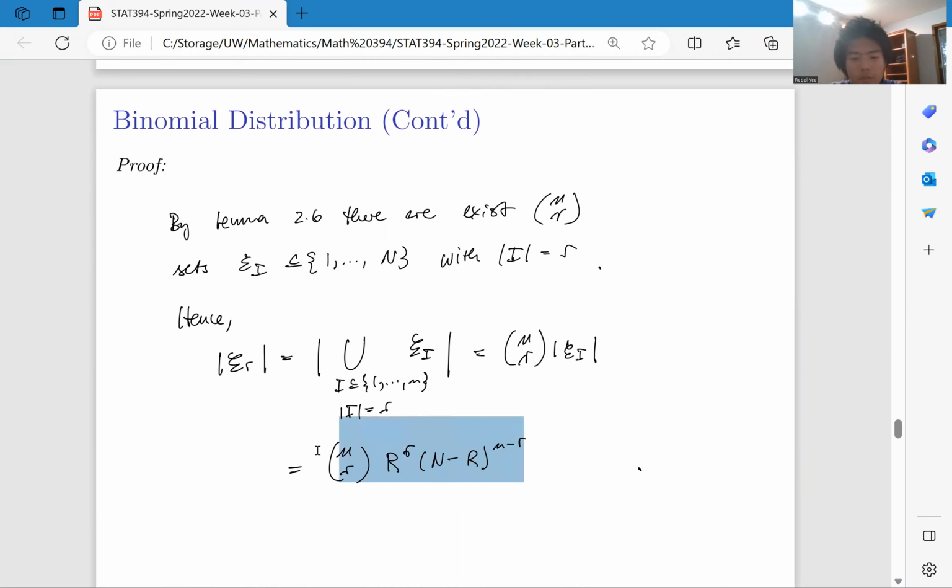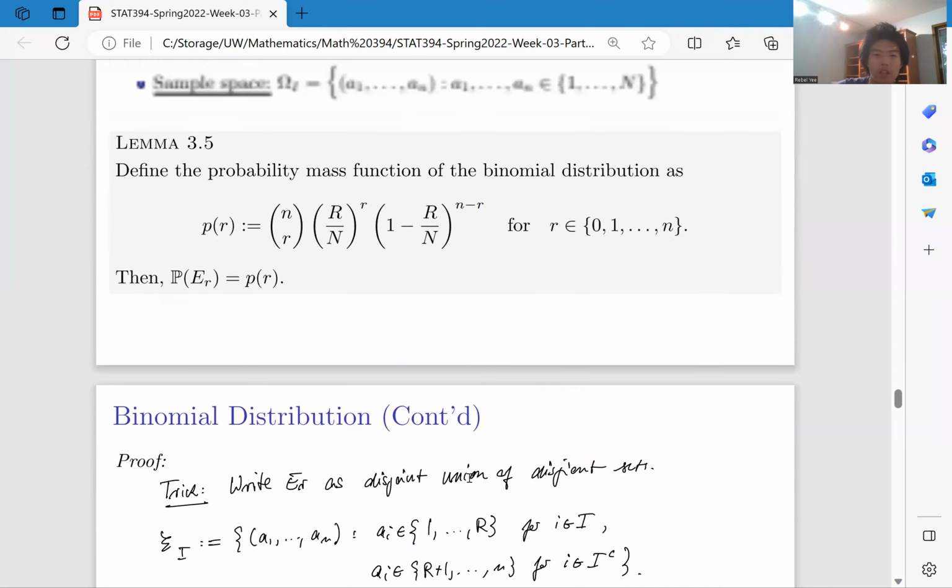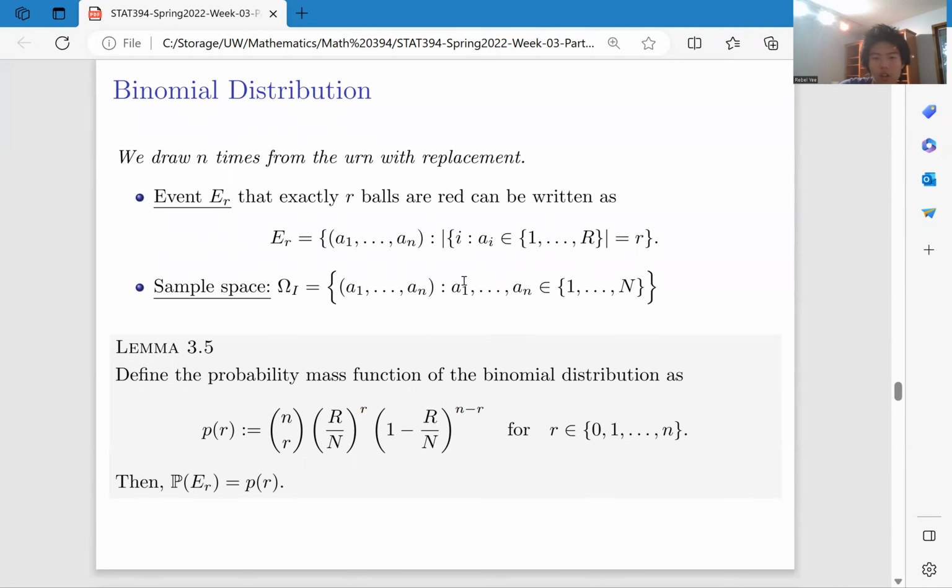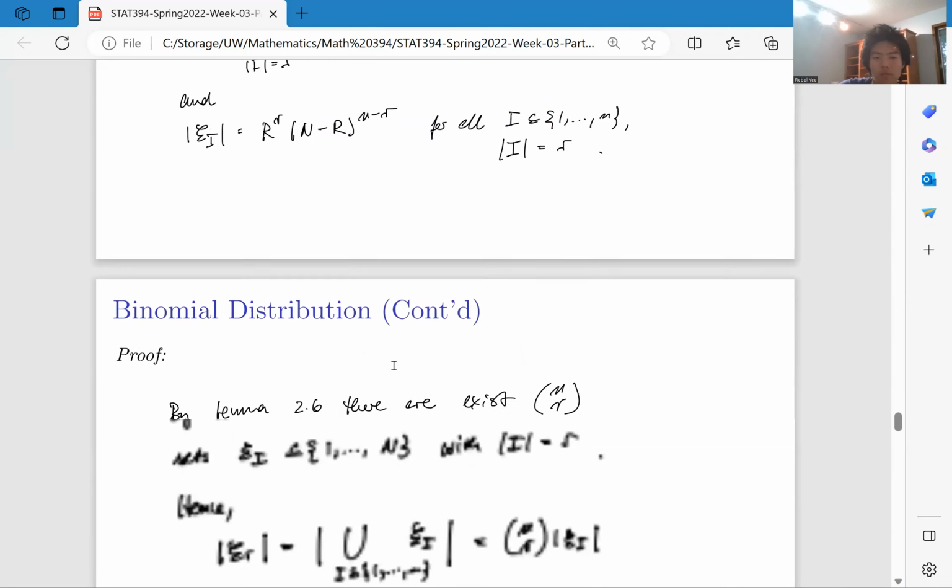And this is the set size we get for this event, the exactly R balls event.